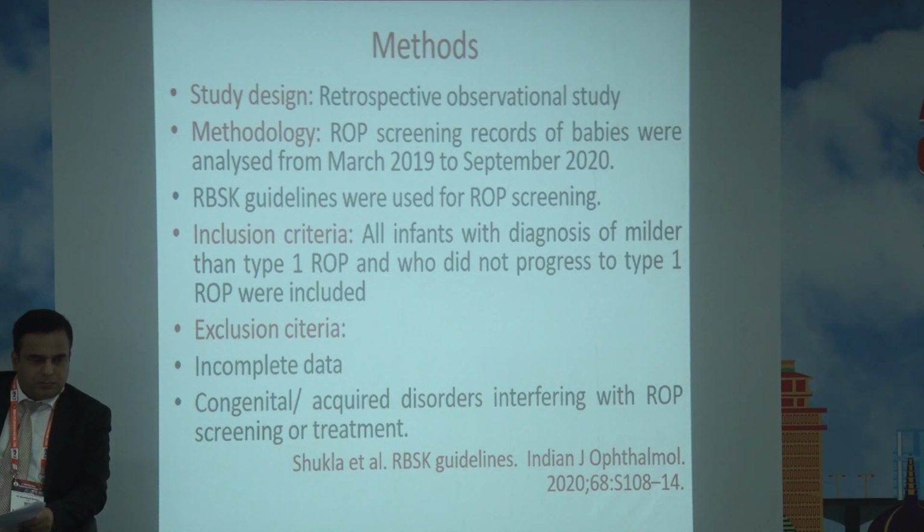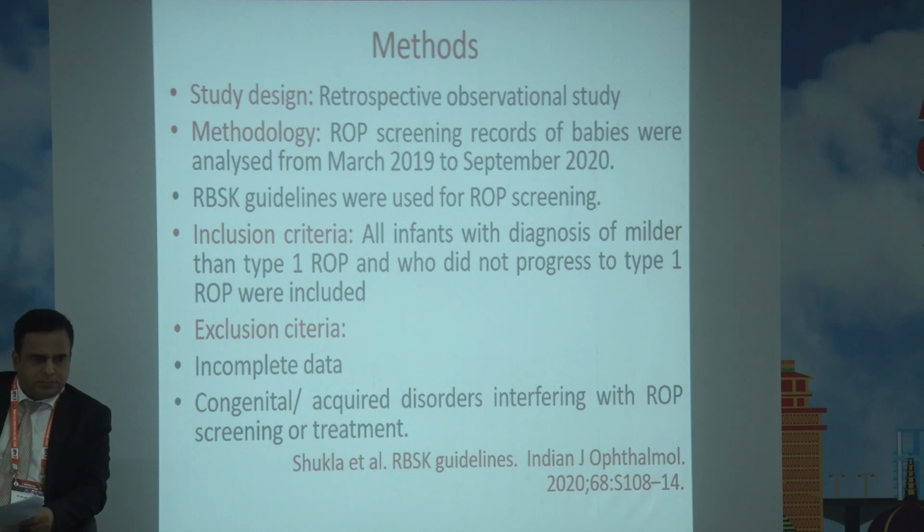Methods: it was a retrospective observational study in which records of babies were studied from March 2019 to September 2020. RBSK guidelines were used for ROP screening. Inclusion criteria were all infants with a diagnosis of milder than type 1 ROP who did not progress to type 1 ROP.